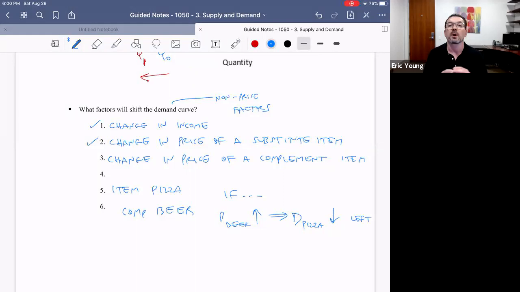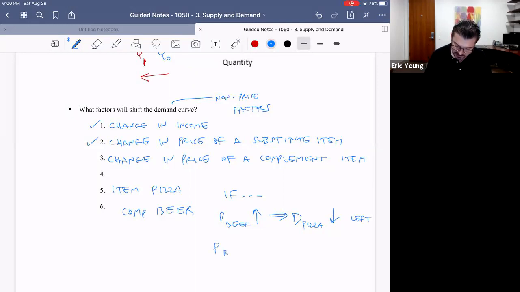Notice again, the price of pizza was not touched, but the price of a complement item was. When the price of beer went up, you want less beer. Since beer and pizza go together, you want less pizza. Your pizza demand falls, shifting the pizza demand curve to the left.